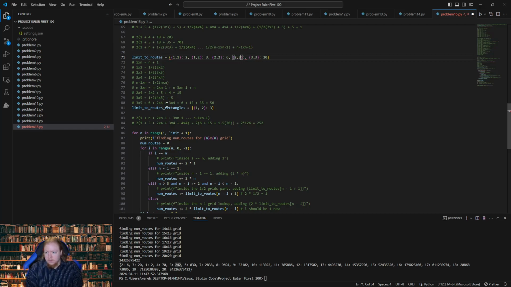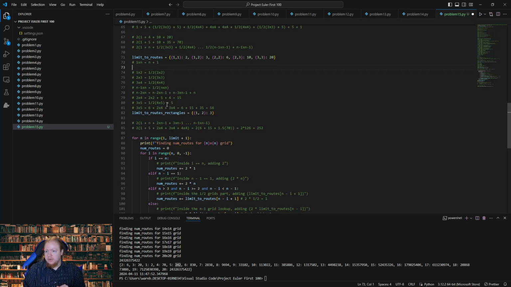So 2, 3 is 1/2 of 3, 3, so 10. Can we generalize a 2 by n? It's tricky, right?